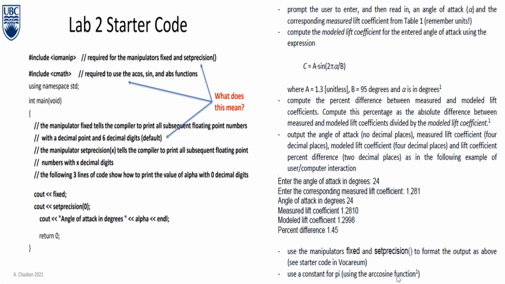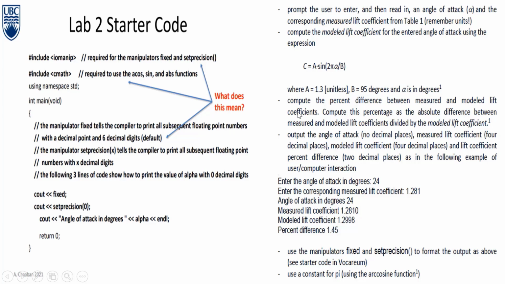In order to use the arccosine function, we must use the #include cmath preprocessor directive at the top of your code. After that, you are required to do some computations where you will use the absolute function, which is a predefined function in the cmath preprocessor directive.